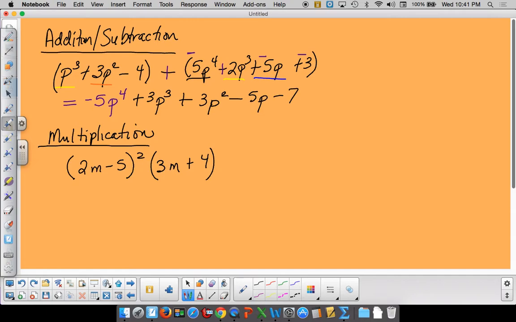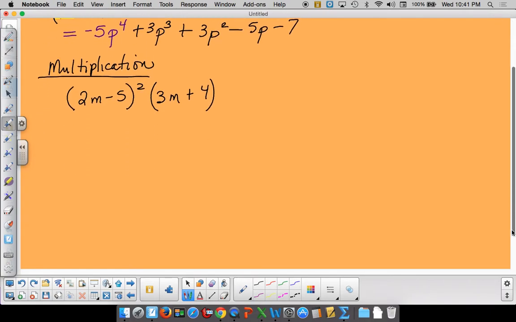Okay, multiplication. I've designed a problem here for multiplication that will help us get several different situations all in one problem. It looks like we're just going to FOIL two binomials, but you'll notice the first binomial is squared. And the big question of the day is, what does it mean to square a binomial?